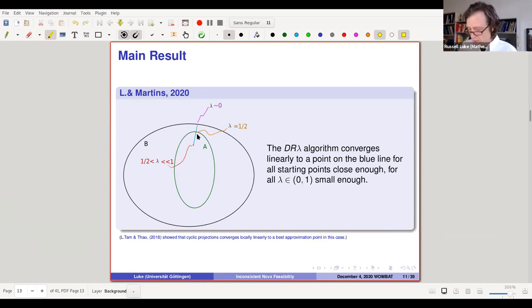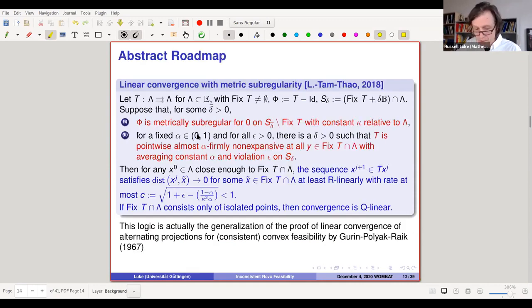Okay, scratch that. There's no intersection. Okay, scratch that. So we really had to develop new tools to deal with this. And as far as I know, the tools that we have are the only ones that are available for proving convergence of this, either in cyclic projections or for the relaxed Douglas-Rachford.